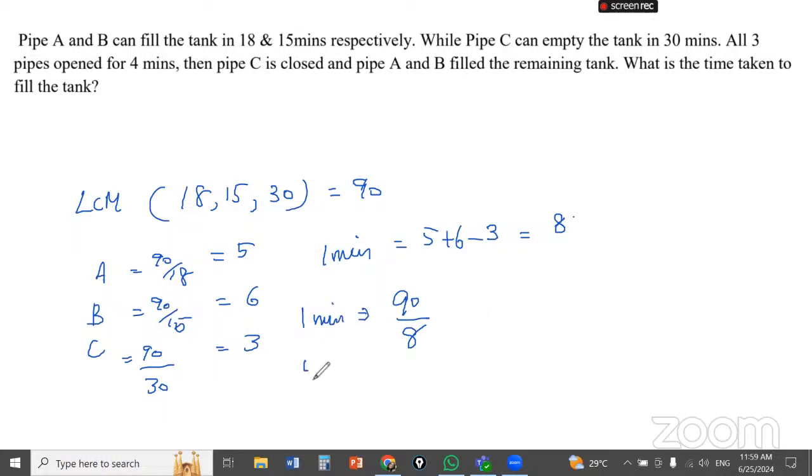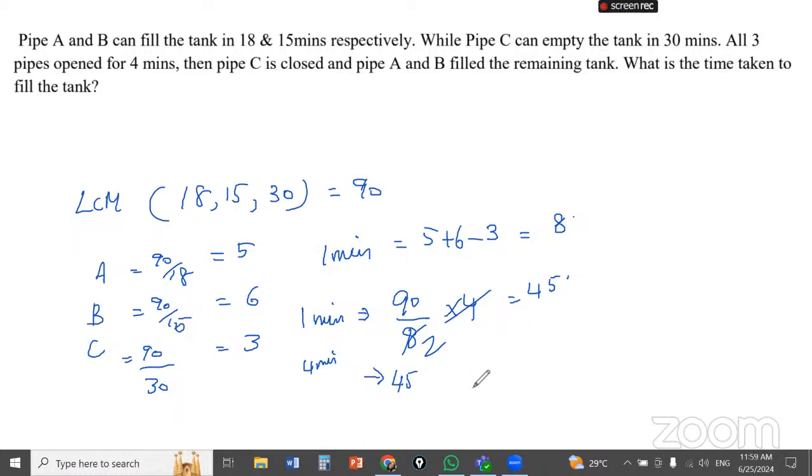And then for 4 minutes, you have to multiply it by 4. So in 4 minutes, 4 times 8 is 32 liters.